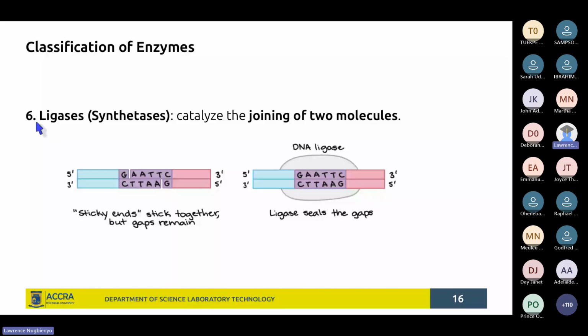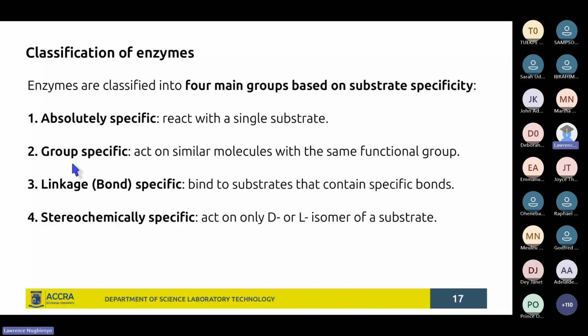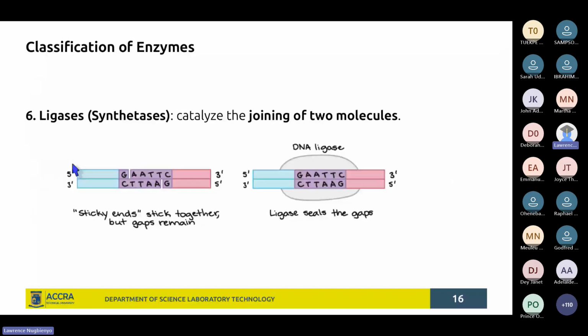When you read biochemistry books, you may also come across a seventh class of enzymes, which are being referred to as translocases. And I mention this particularly because the second part of the course is on biomembranes.